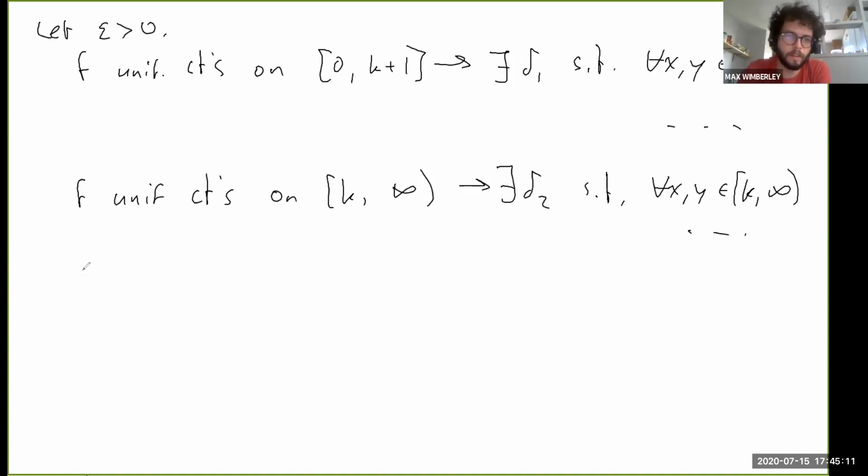So then take delta equals, how should we choose delta? It's not actually just the minimum of delta 1 and delta 2. There's one more trick.